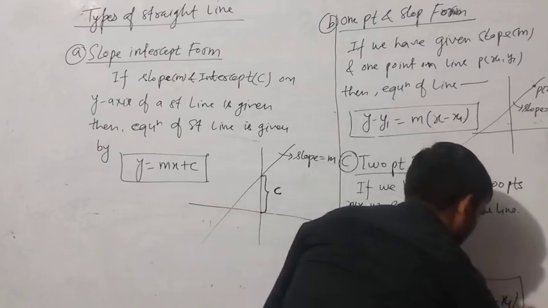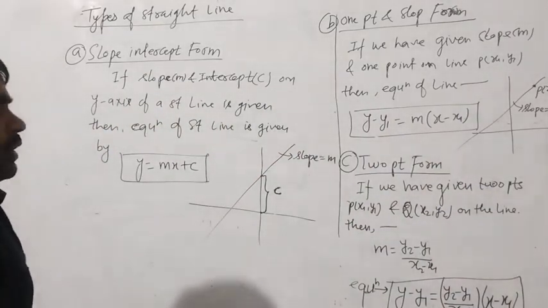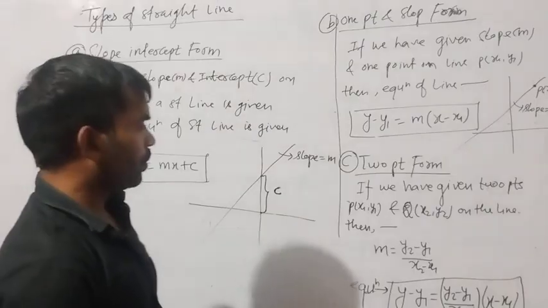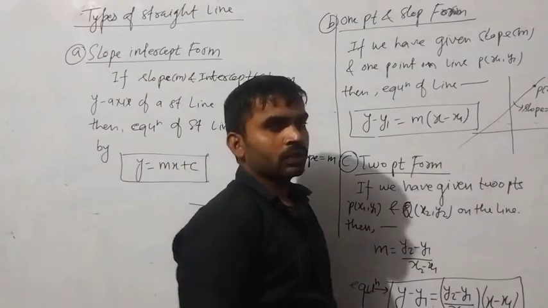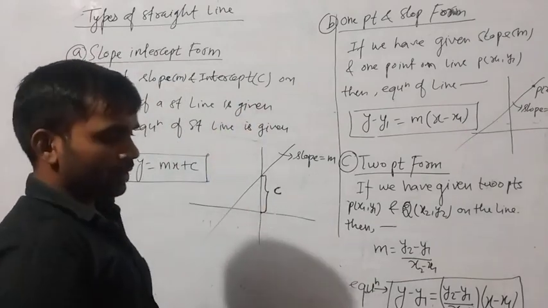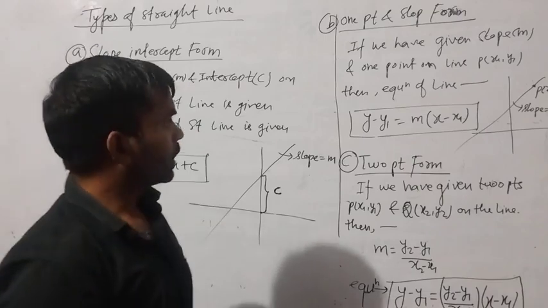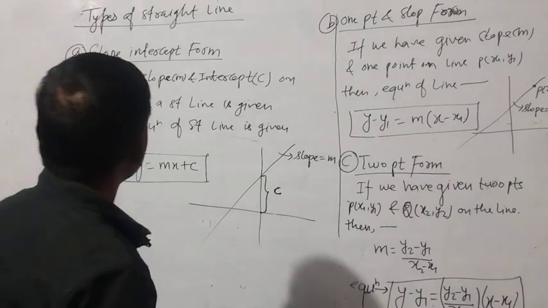So this is the equation of a straight line passing through 2 points. So we can use these types of equations according to the given condition.